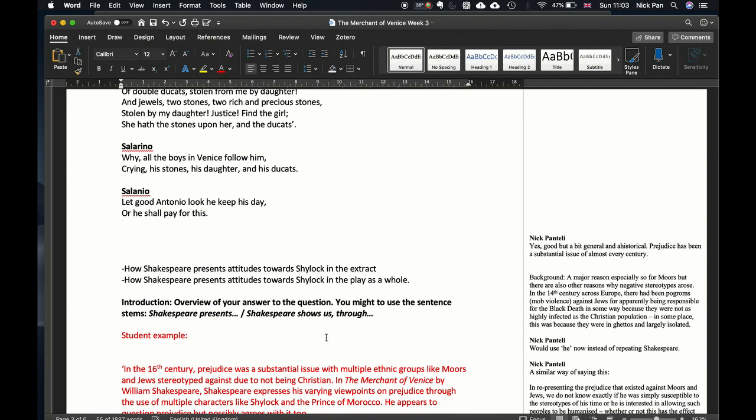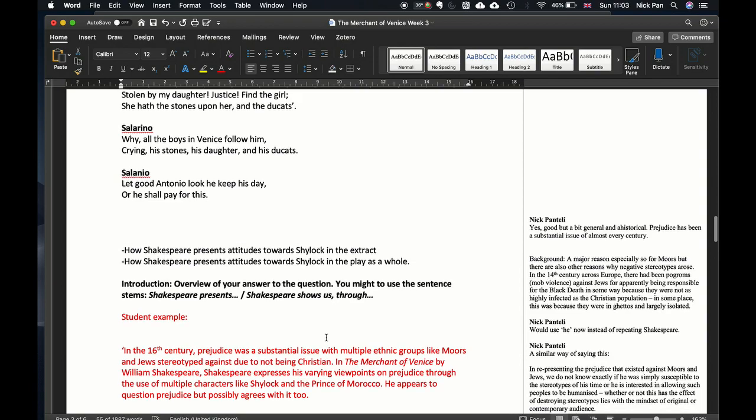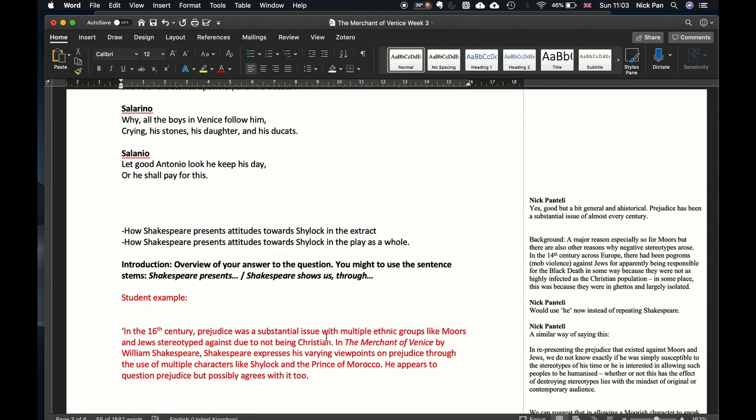So Jews have been the subjects of marginalization and violence in Europe since, arguably, antiquity, when they were persecuted a lot by the Romans, but more recently to this play, in the 14th century in medieval Europe, there were pogroms, mob violence against Jews for apparently being responsible for the Black Death, the infectious disease that took a lot of lives, because apparently in some way they were not as highly infected as the Christian population.